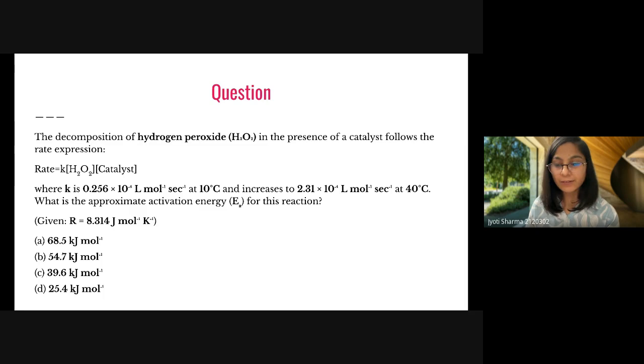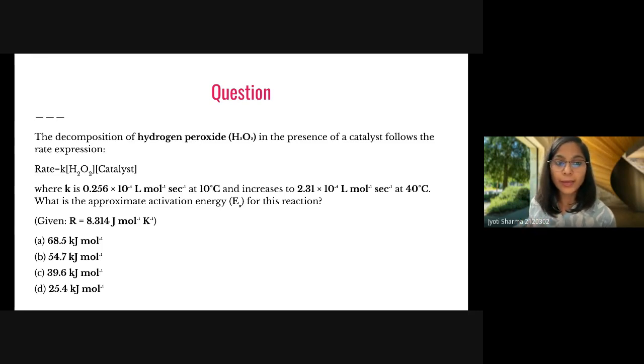The rate constant is given at 10 degrees Celsius, and this rate constant increases to 2.31 times 10 raised to power minus 4 at 40 degrees Celsius. So initially at 10 degrees Celsius our rate constant was something, but at 40 degrees Celsius our rate constant has changed and increased.